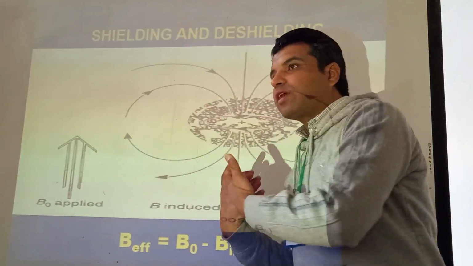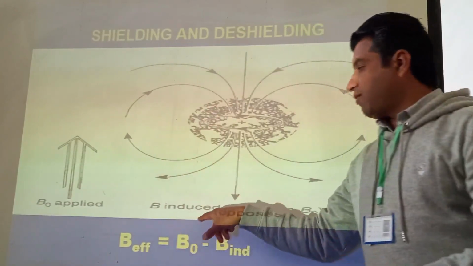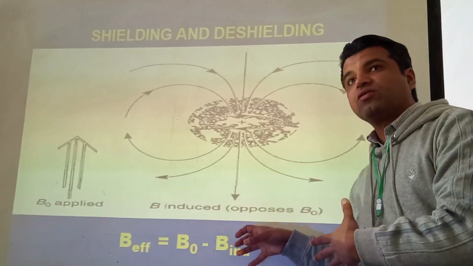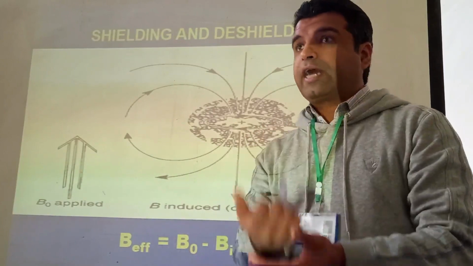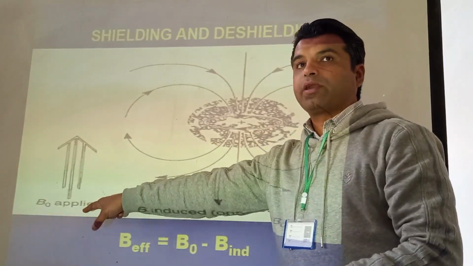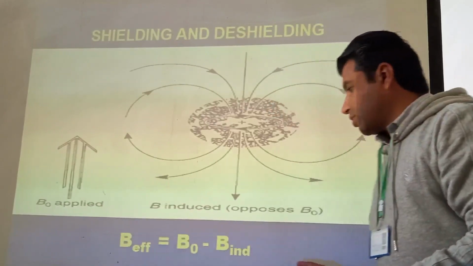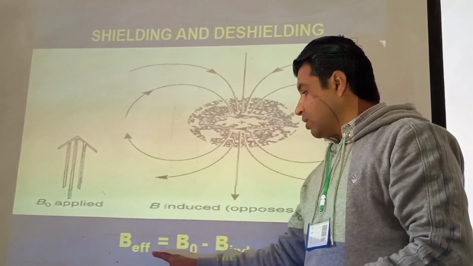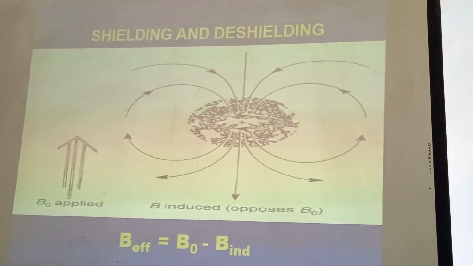And if they have different electron density around them, they will have a different strength of the induced magnetic field around them. And if they have different strengths of the induced magnetic field, they will have a different reduction in the strength of the applied magnetic field. And this reduction is actually calculated from here. So what this nucleus experiences is not B0. It's B effective.